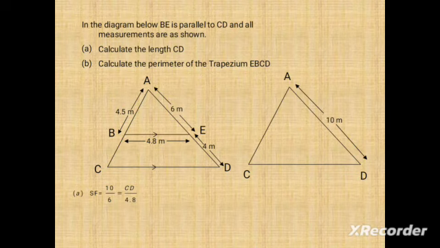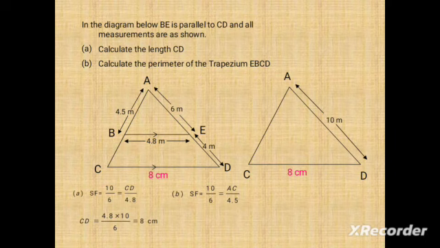So it means if we can get their ratio, then it will be 10/6 equal to another set of corresponding sides, and that is the length that we want, CD, and the other one corresponding to BE, that is 4.8, so that we are left with the unknown length, that is CD, being 8 centimeters. So CD in both cases is 8 centimeters.